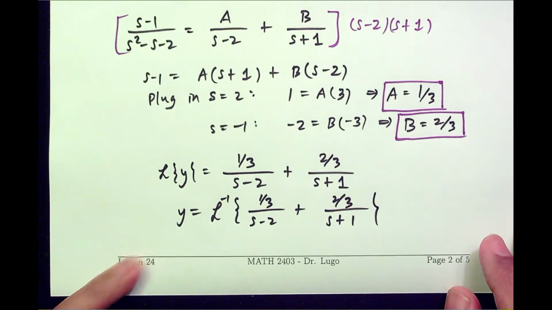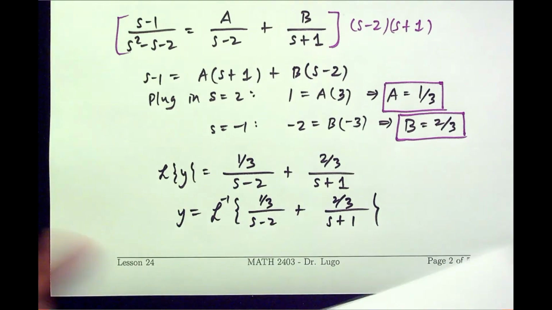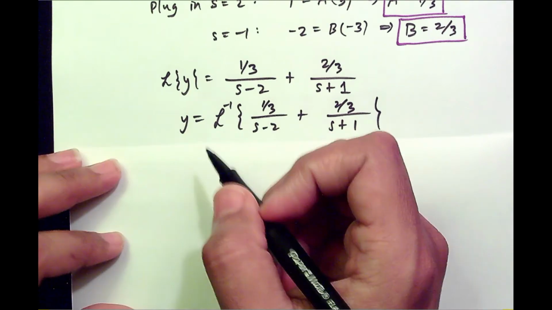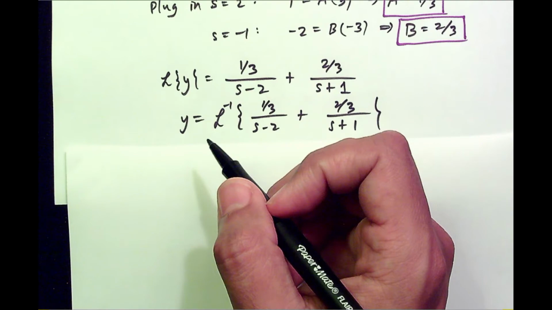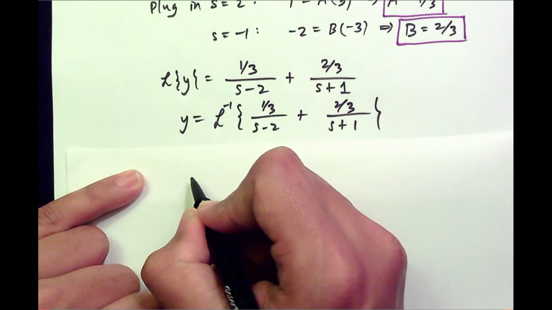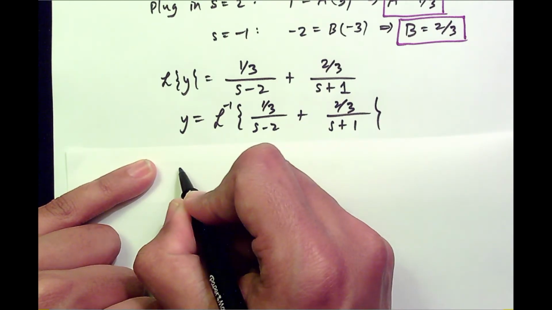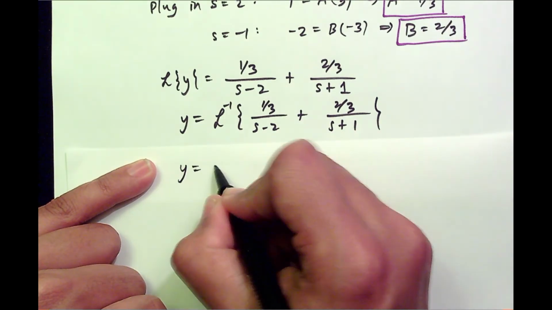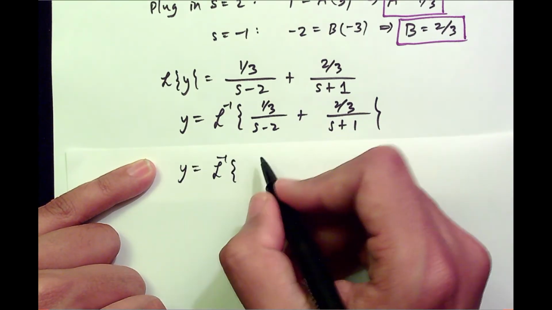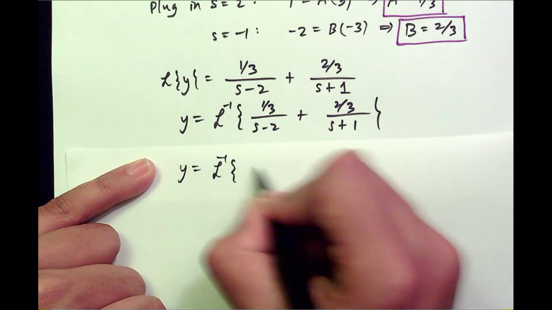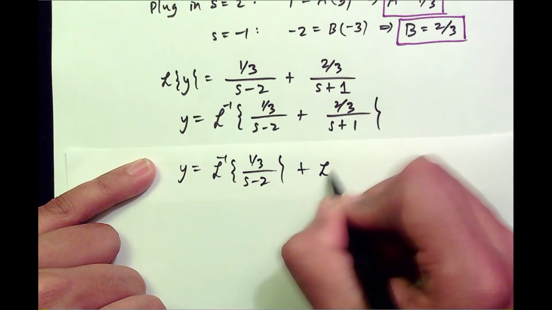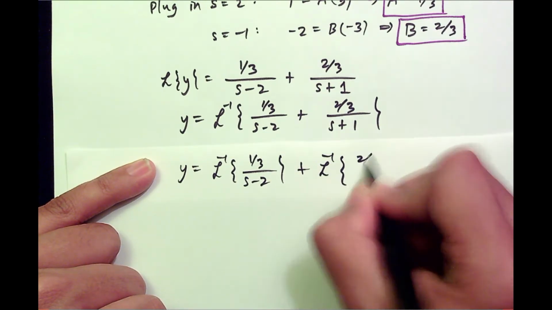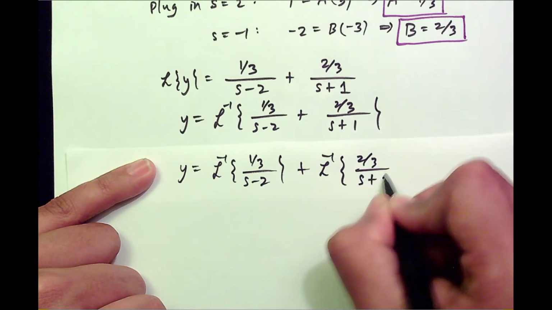But remember what we said, the Laplace inverse is linear, so we can break this up and say y equals Laplace inverse of 1/3 over s minus 2 plus Laplace inverse of 2/3 over s plus 1.